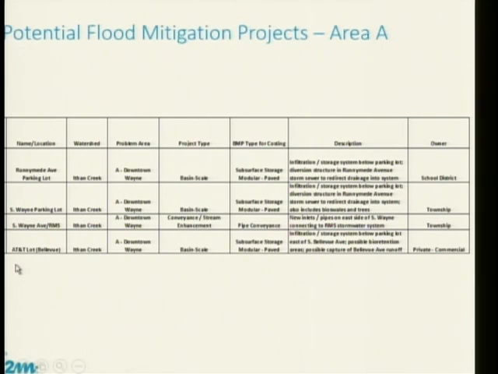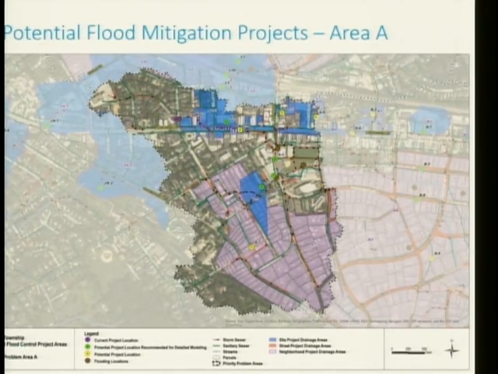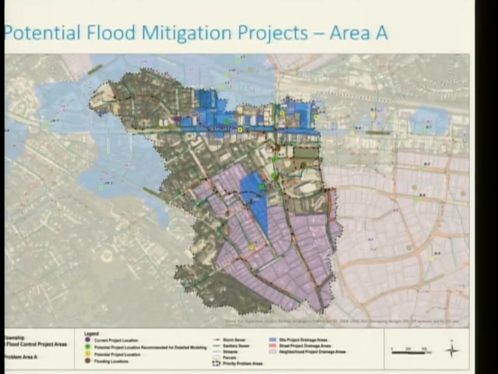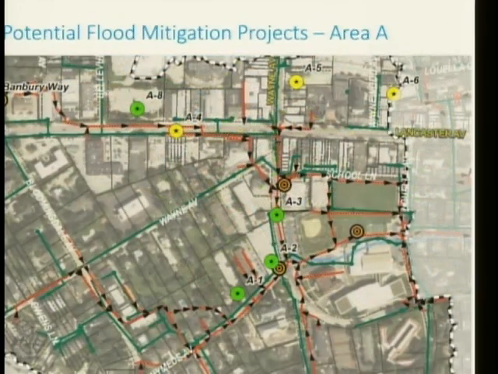And then the fourth project that we would look at is the AT&T lot, also known as the Bellevue lot. I'm just going to jump ahead a little bit. It's right on Lancaster. It's this lot here. It's south of the AT&T facility.